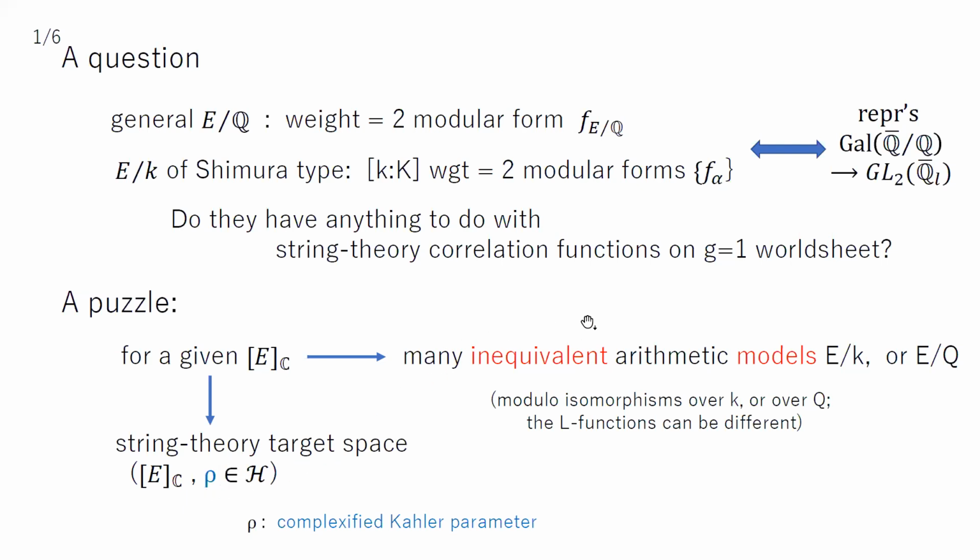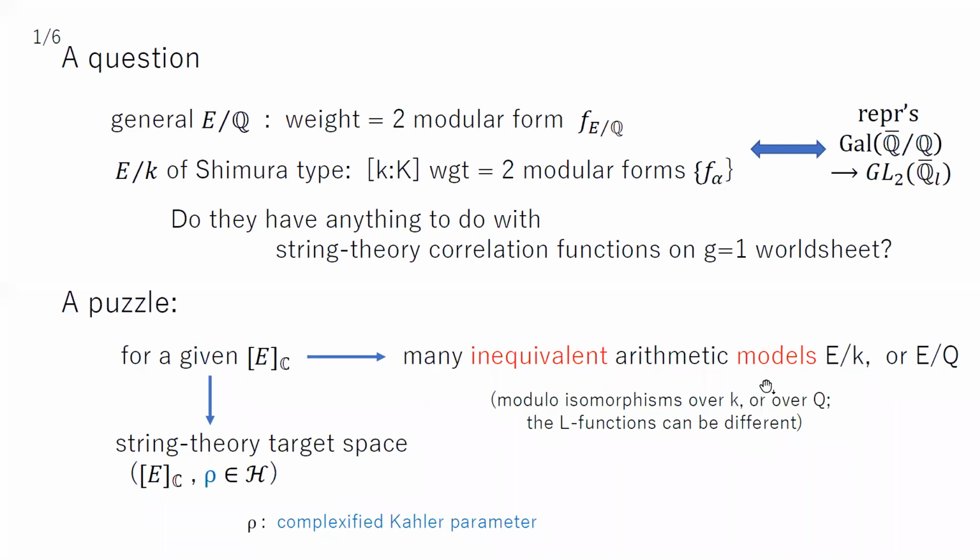On the other hand, in arithmetic geometry, even for a given geometry defined over the complex number field, we sometimes have infinitely many arithmetic models, which are mutually not equivalent. They have inequivalent L functions, inequivalent Galois transformations, and inequivalent counting of fractional points over the extension fields.